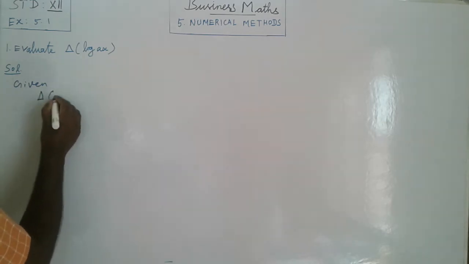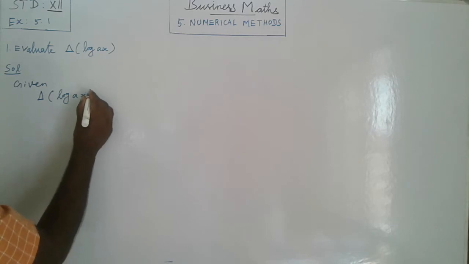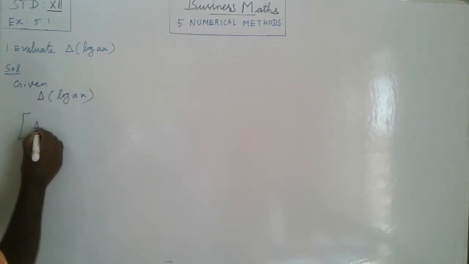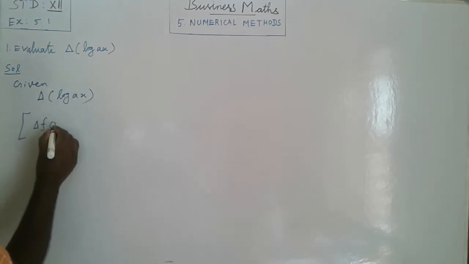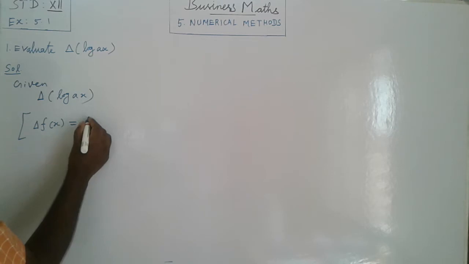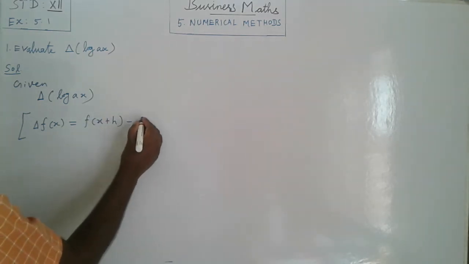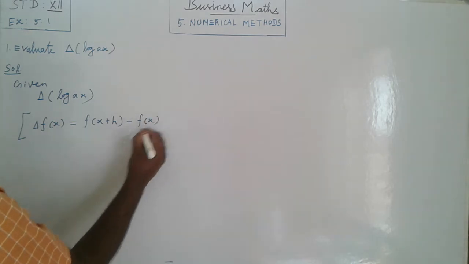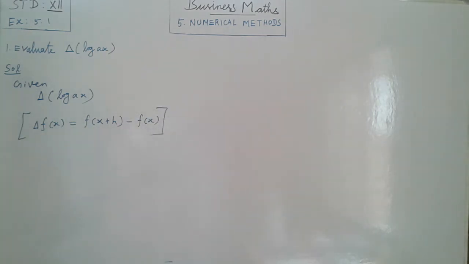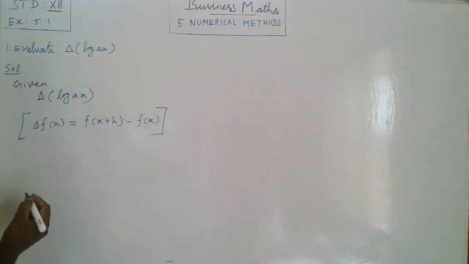We know the formula: delta f of x equal to f of x plus h minus f of x.